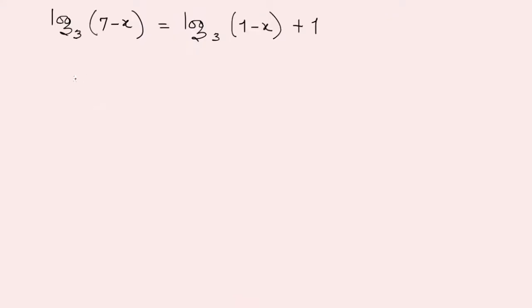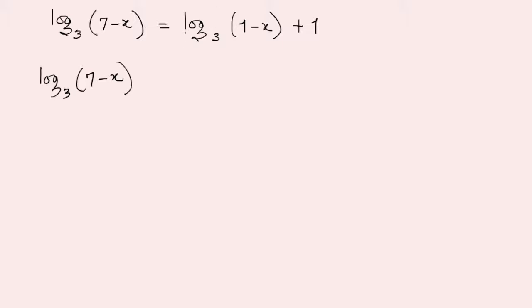The next question, to solve this, we can bring everything to this side and combine the logarithms to have just one log. And then we solve like we've done for the others. So if we do that, we'll have log to the base 3 of 7 minus x.